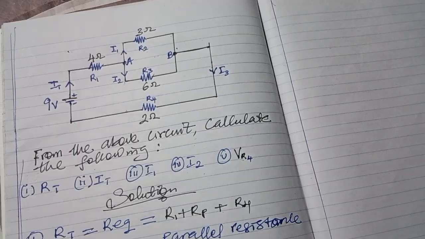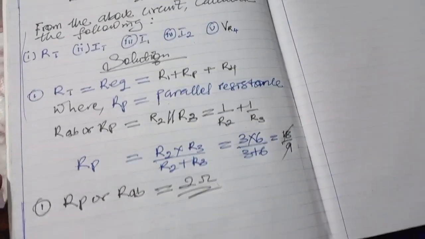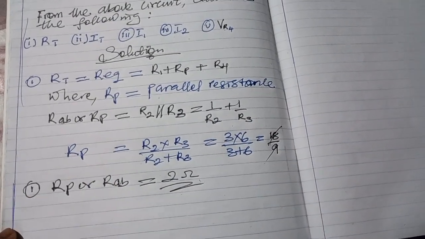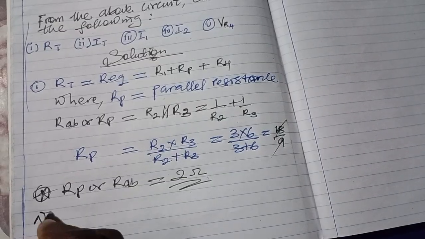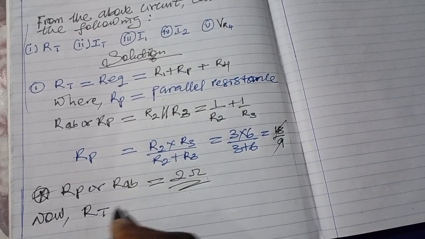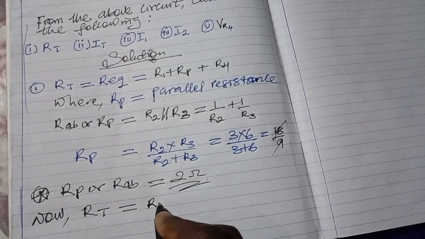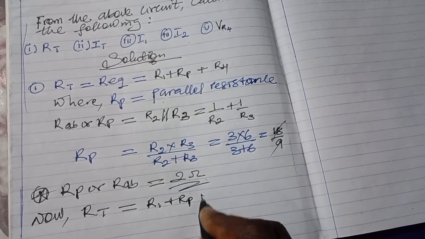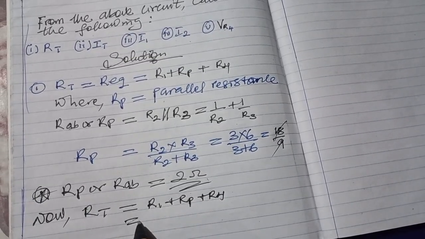Now let's proceed to find the R total. R total is equal to R1 plus this RP plus our R4. So let's substitute.